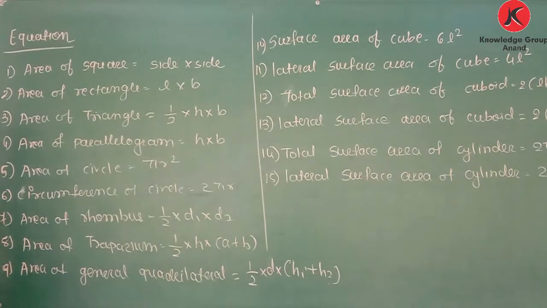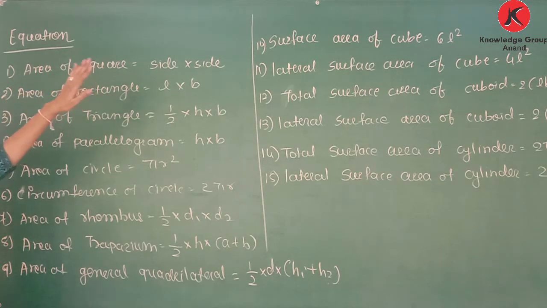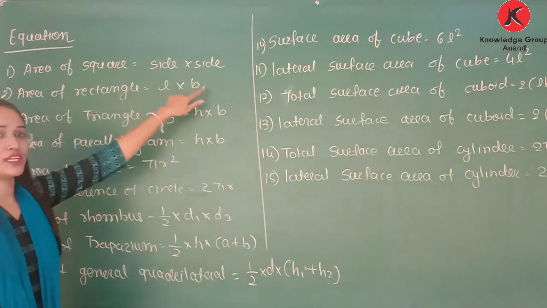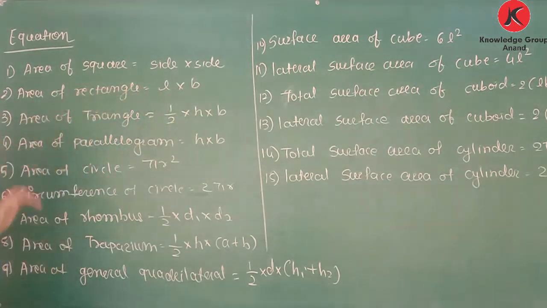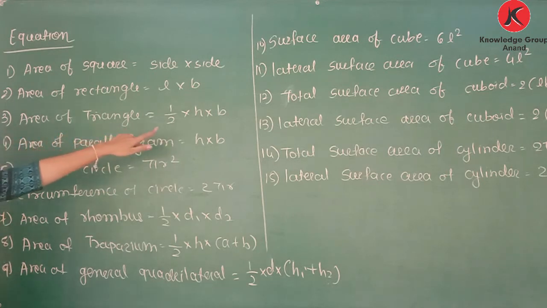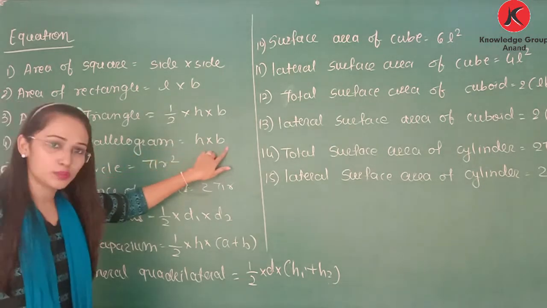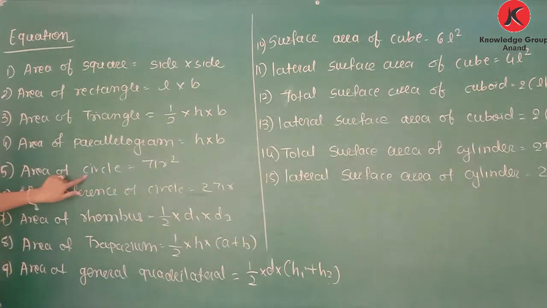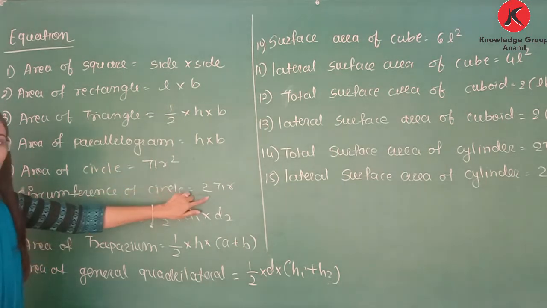So these are the equations that we learned up to now. First, area of a square, side multiply side. Area of a rectangle, length multiply breadth. Here I didn't write the perimeter of a rectangle and perimeter of a square because we already know that. Area of a triangle, 1 by 2, height multiply base. Area of a parallelogram, height multiply base. Area of a circle, pi r square, and circumference of a circle is 2 pi r.